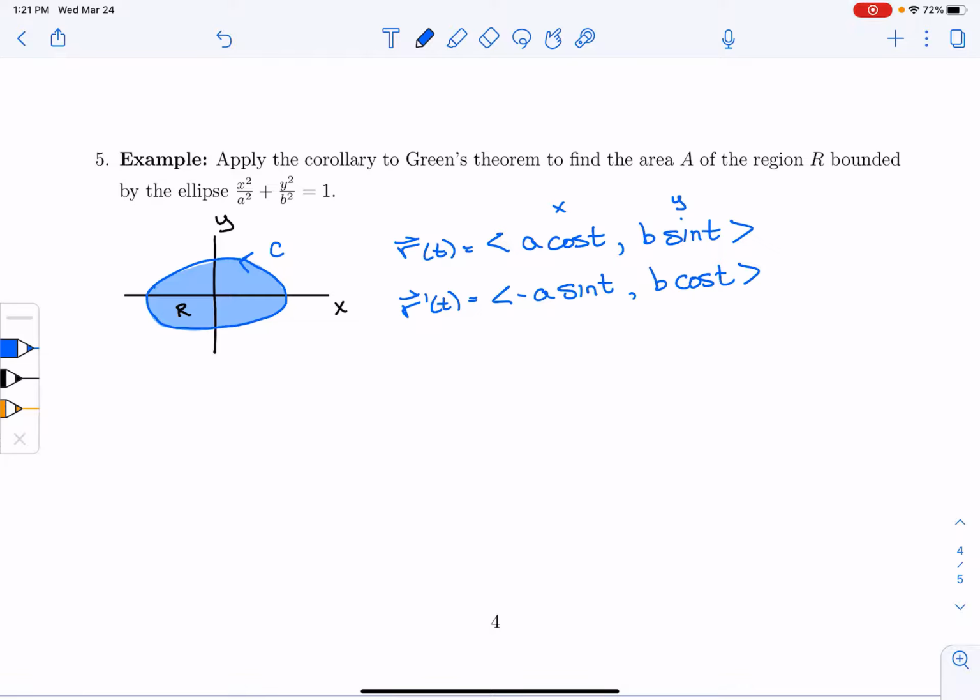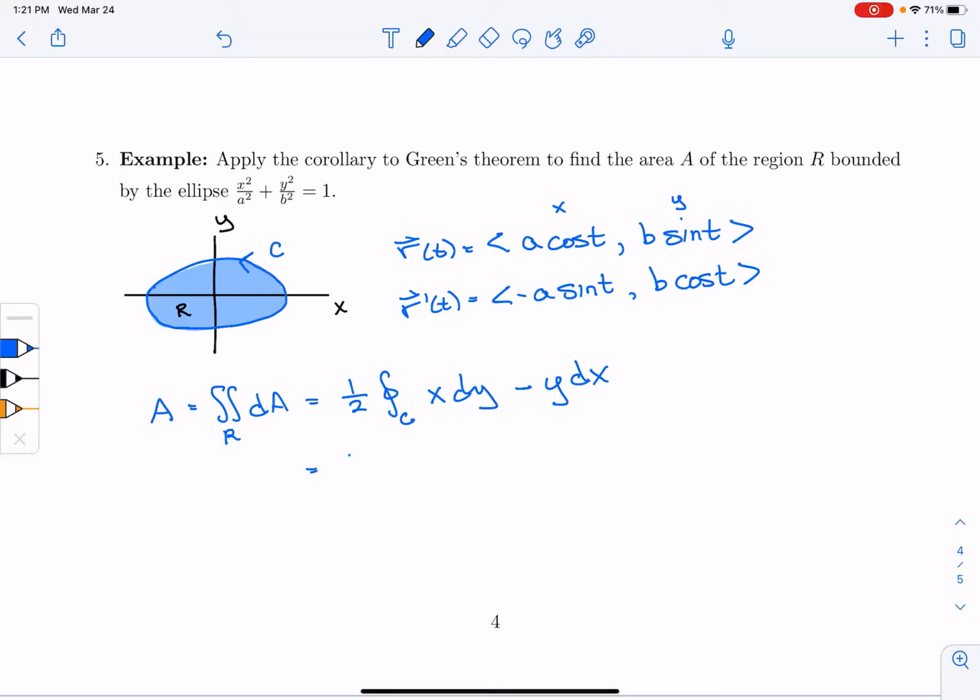And so in order to find the area of the ellipse, we want to know the area, which is the double integral over R dA. We're going to apply Green's theorem, which says that it's 1/2 times the integral around C of x dy minus y dx.